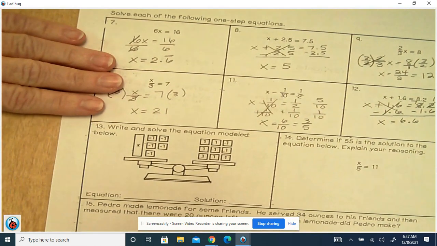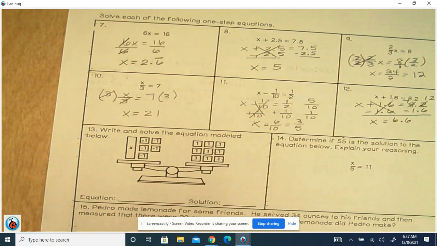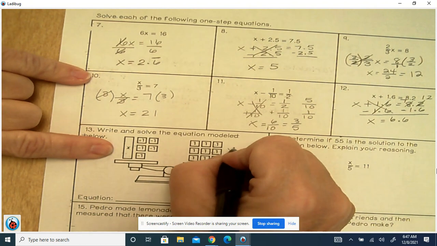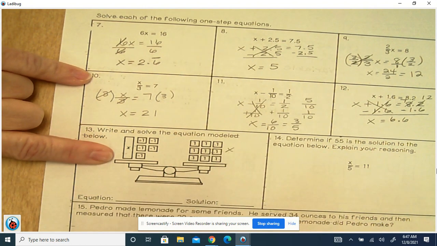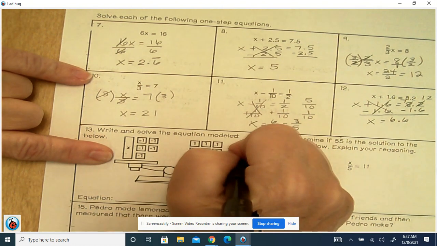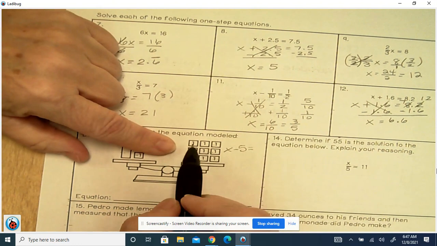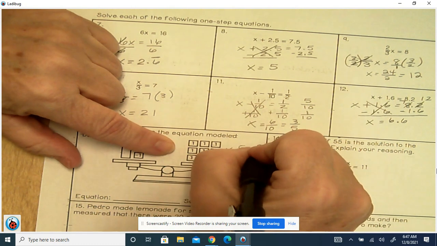All right, here's algebra tiles again. Remember, on the front, it said you had to keep the equation balanced. You have to balance this to make it equal. So let's look at what we have. We have an x, and then we've got 1, 2, 3, 4, 5 negative ones. That's equal to 1, 2, 3, 4, 5, 6, 7, 8, 9.